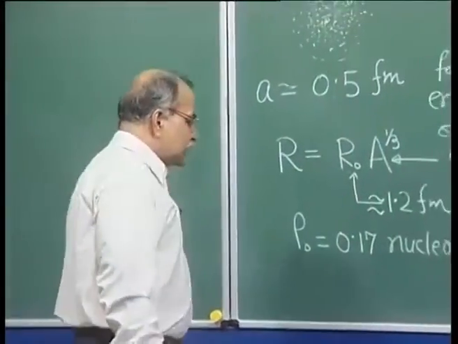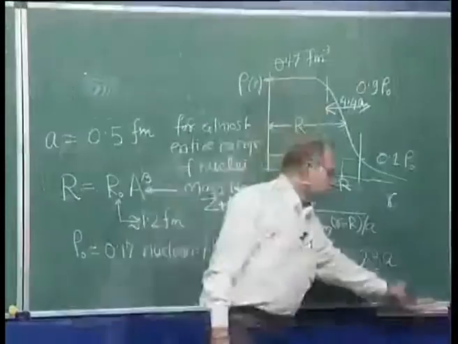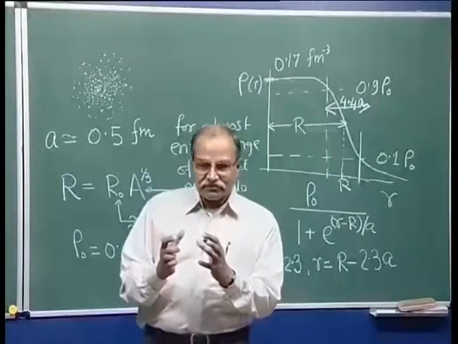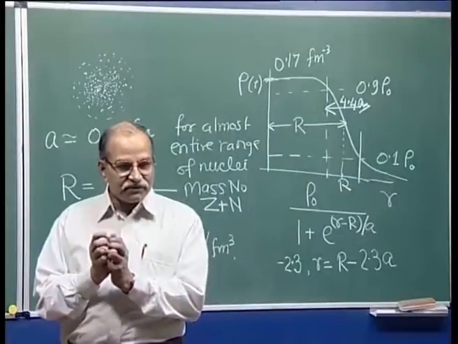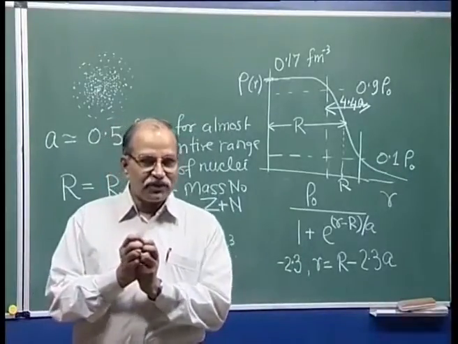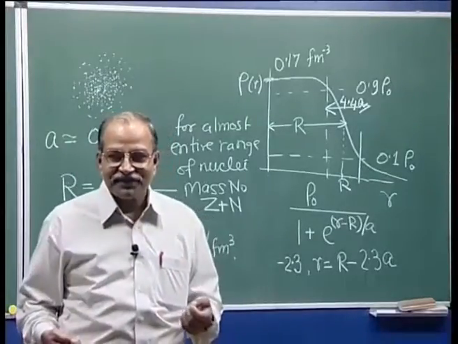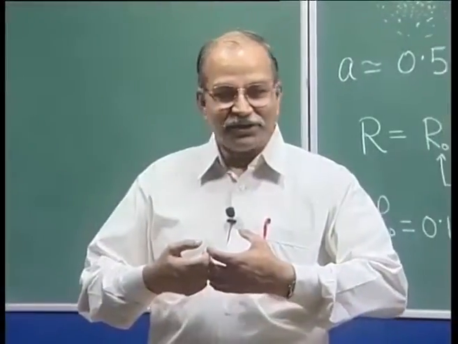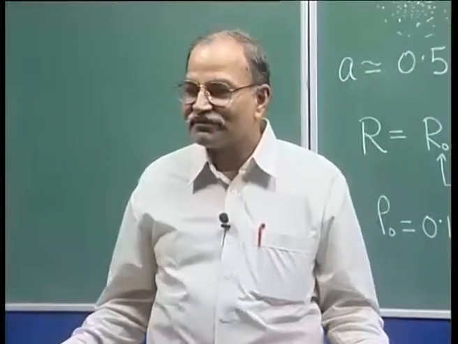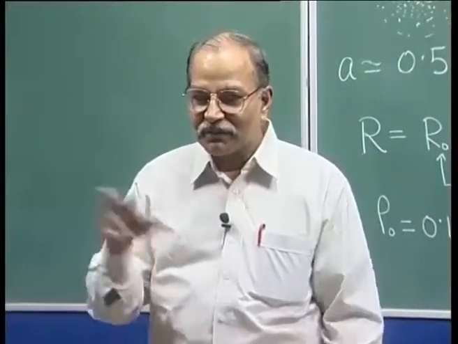Now, let me ask a question. The nucleus is there because of nuclear attractive forces, because inside the nucleus you know you have protons and protons repel each other, and therefore, the nucleus should just fly apart, Coulomb repulsion.